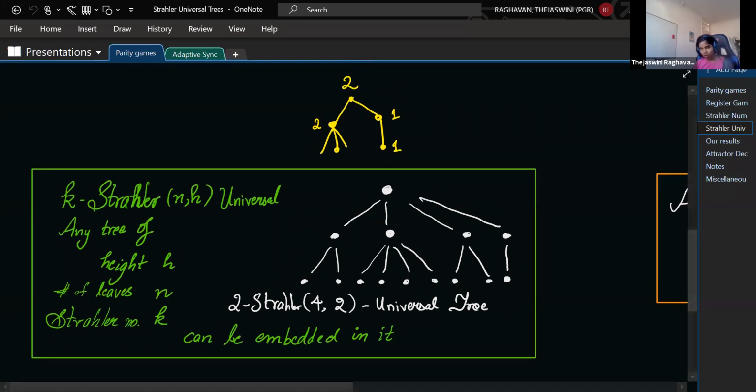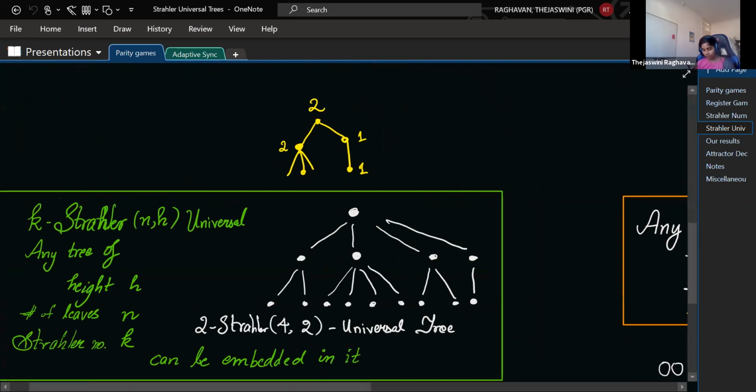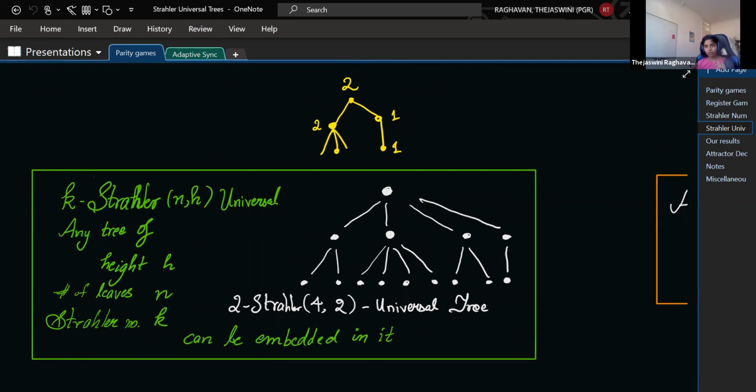So previously you saw a 4-2 universal tree, but here is a 2 Strahler 4-2 universal tree. If you look at the tree above, you can actually embed that, which has Strahler number at most 2, nicely into this 2 Strahler n,h universal tree.